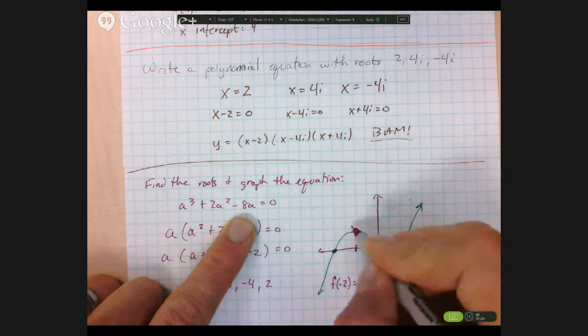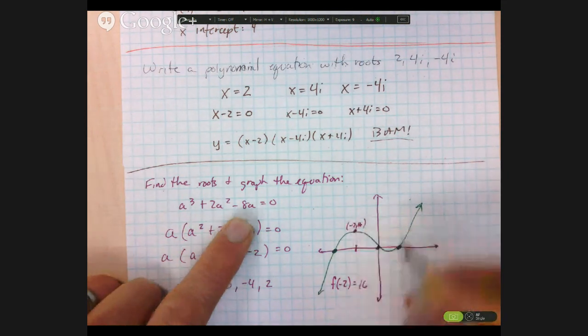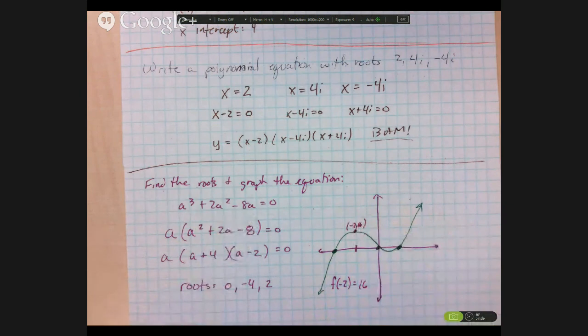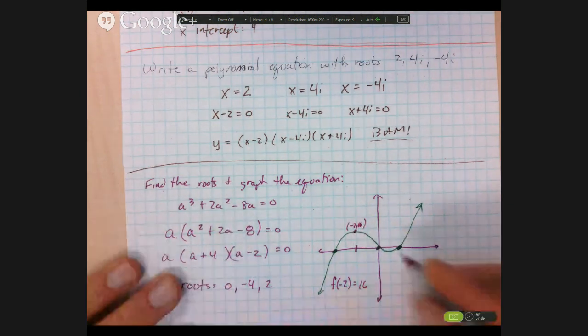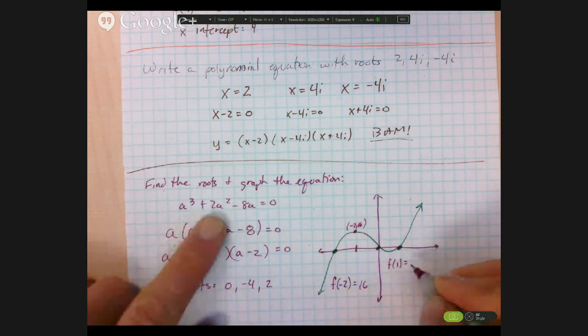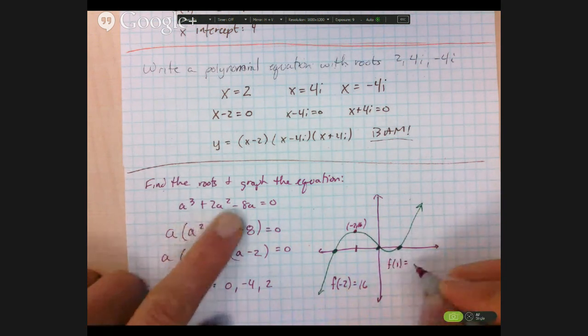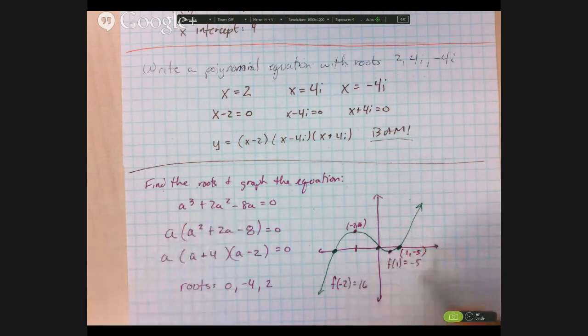So this point would have to be negative 2, 16. So it goes way up above where I have it. And then 1 plus. And this would be at negative 5. So it actually does a lot bigger swoop than I have it. Okay.